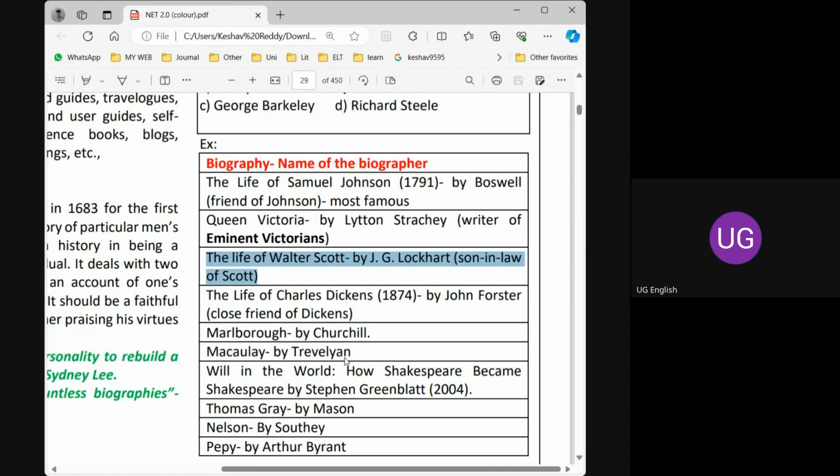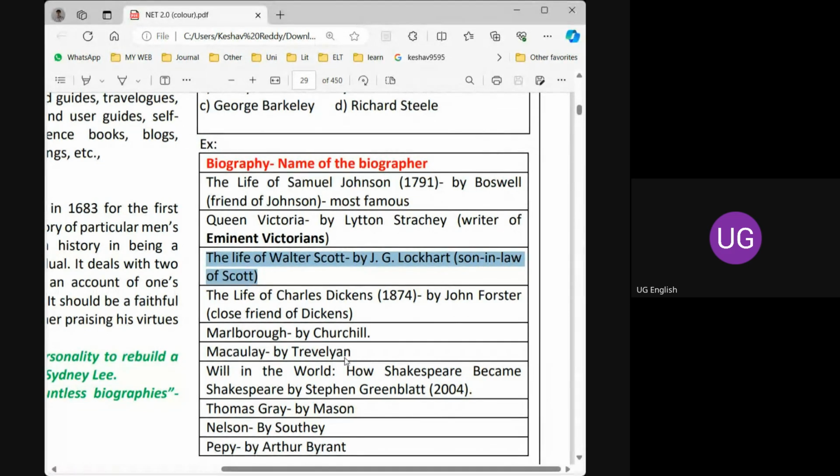Ivanhoe, right? Waverley. So the very important work is Waverley. Everyone should recall this name, Waverley novels. Generally, his novels are called Waverley novels. So please memorize this term: Waverley novels, historical novel, Walter Scott.